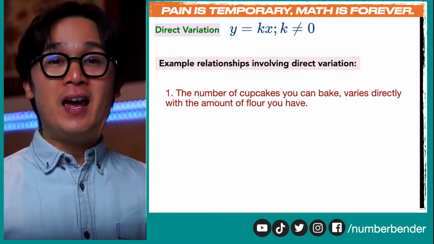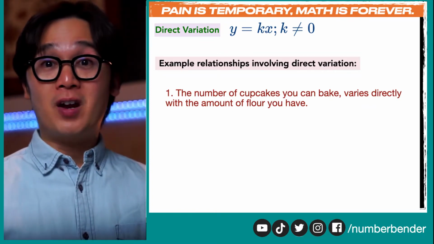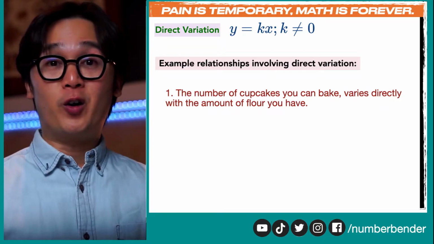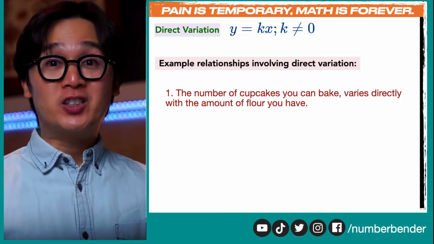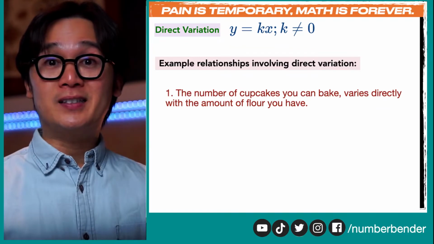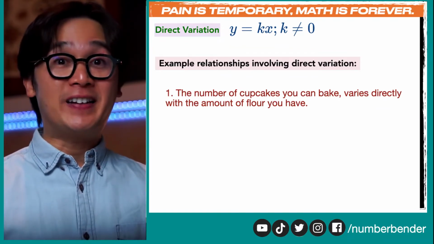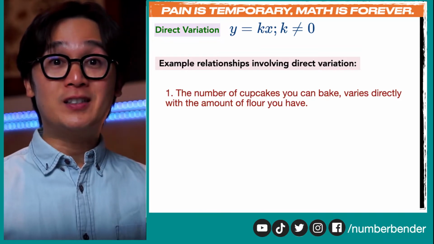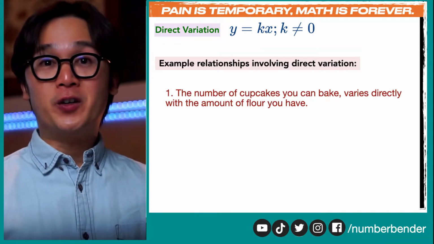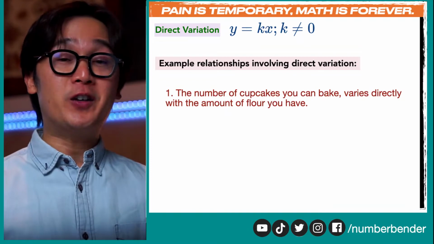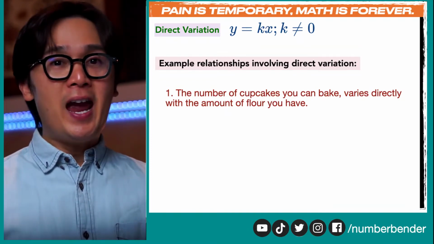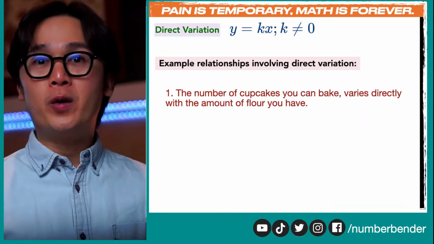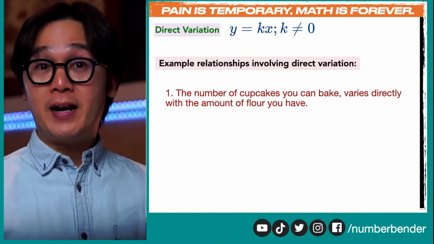Notice that your independent variable, or input, here is your amount of flour, and your output is the number of cupcakes you're producing. So if your input is increasing, your output is also increasing. And when your input is decreasing, your output is also decreasing. This is the clue that you are going to look for when you're working with direct variation.